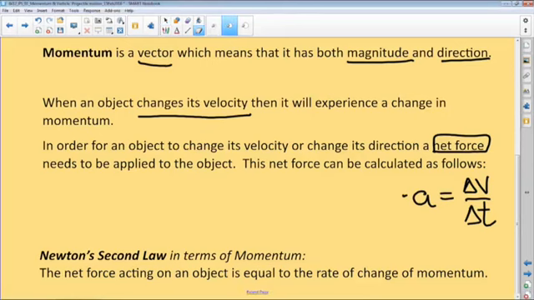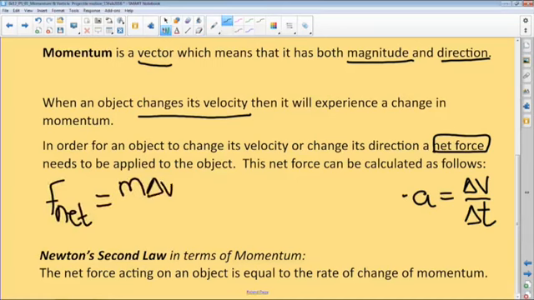So let's do this. F net equals, I'm just going to write it a bit nicer for you, m times change in velocity over change in time. Now, m delta v means that the momentum is changing.